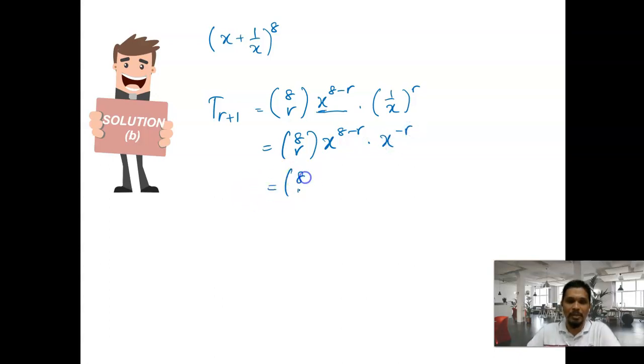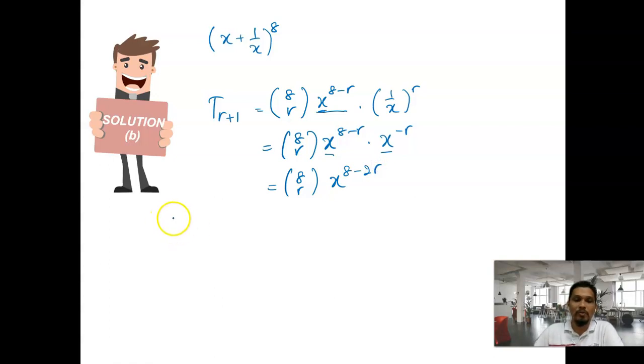So both with base x, in multiplication between these two, we just add up these two, 8 minus r plus negative r, so it is 8 minus 2r.